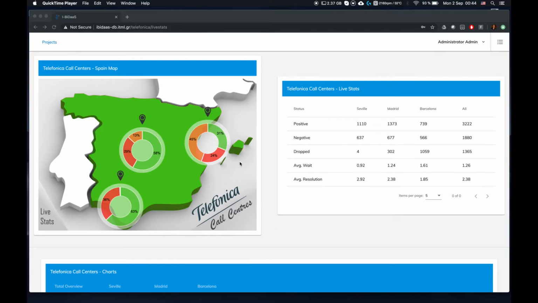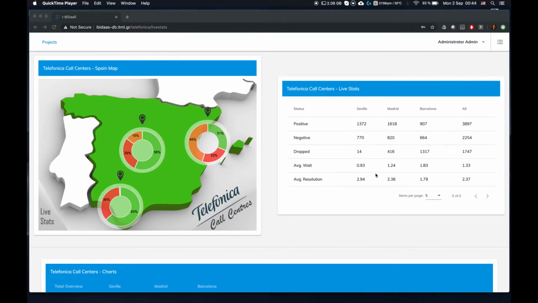On the right hand side, we see the other display, which is basically a summary of statistics, the raw counts for the same three call centers, Sevilla, Madrid, and Barcelona. We see the number of cases that fall in the positive, negative, and dropped classes. We also see the average waiting time.